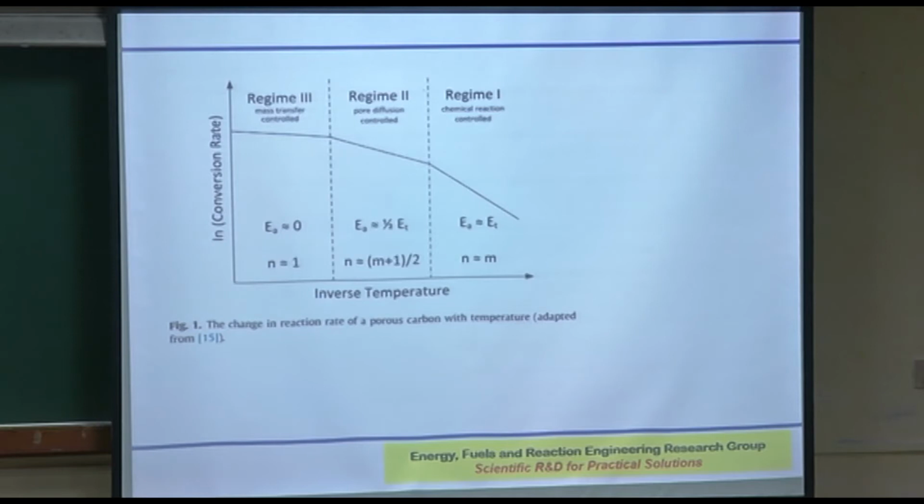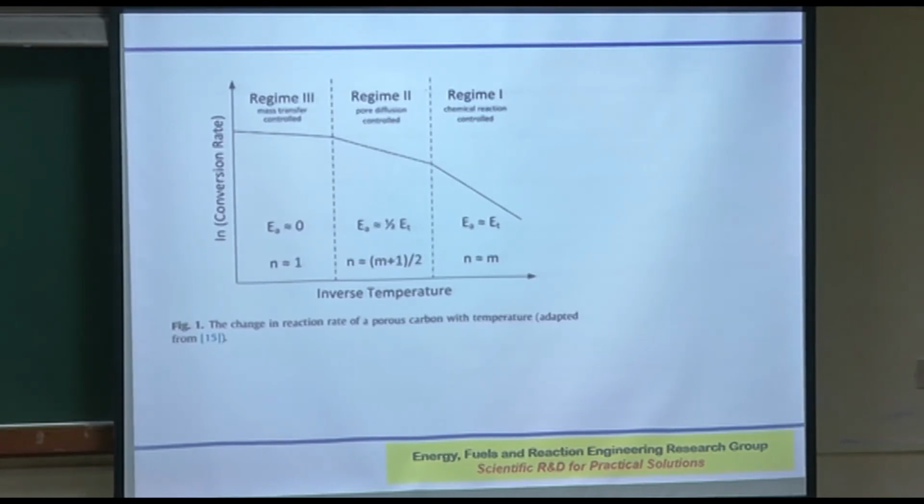So external diffusion means if you have the particle, as we showed, surrounding that you have a presence of a gas cloud, and the reactant, oxygen or CO2 or steam, whatever be the case, has to overcome that barrier. That's external diffusion or mass transfer control. And then in between is the pore diffusion control.